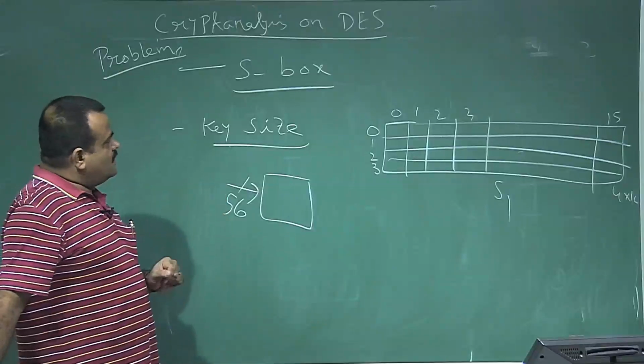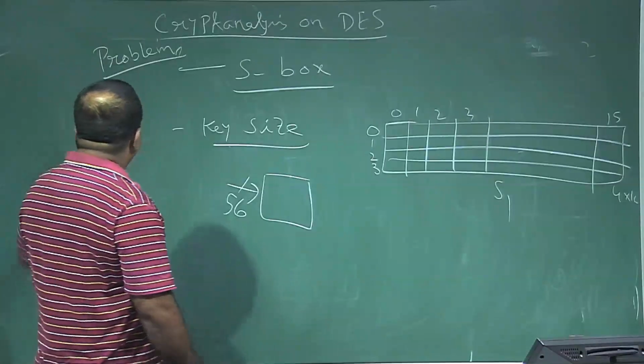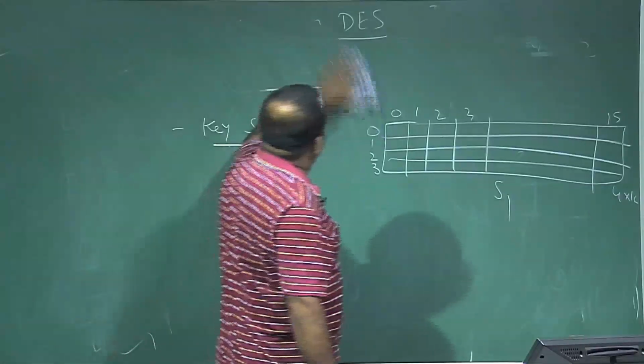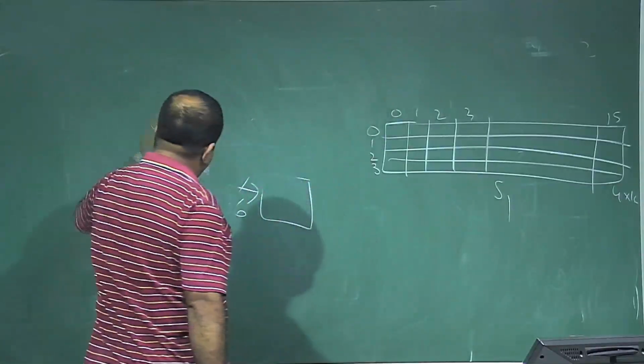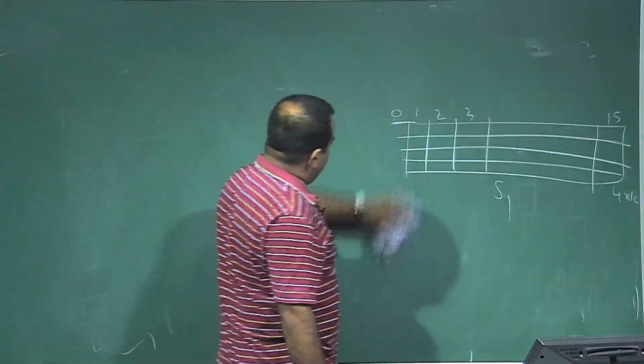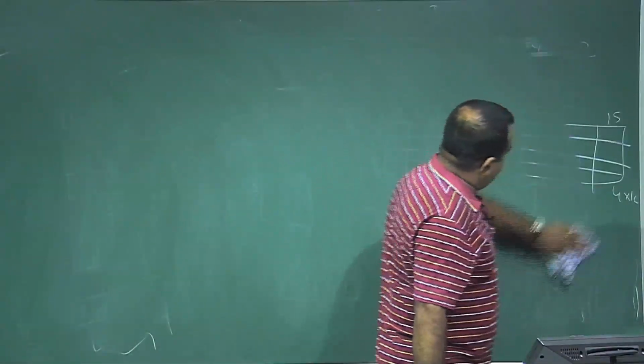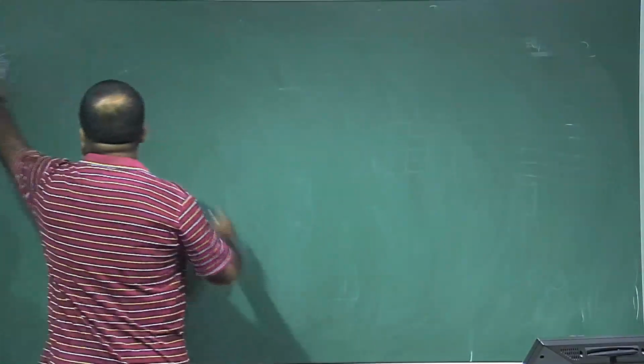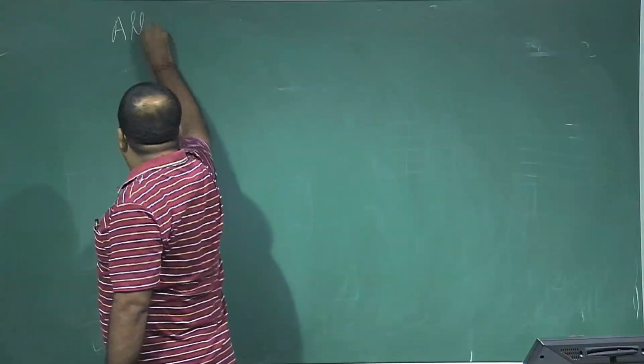We will discuss that. But before that, let us talk about what attack models we have for a cryptographic cipher.